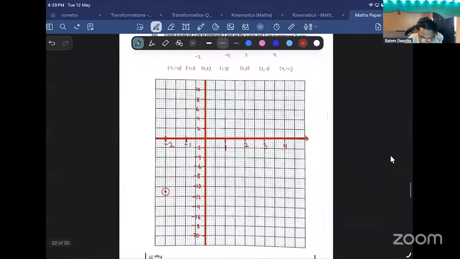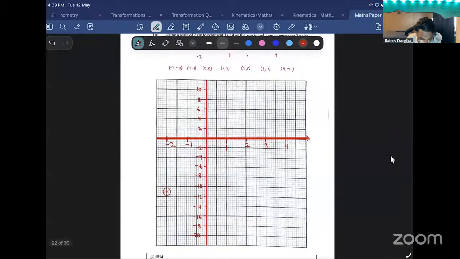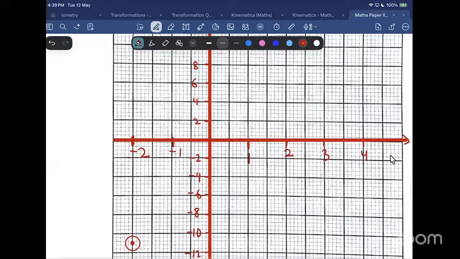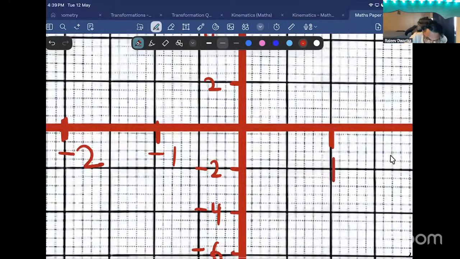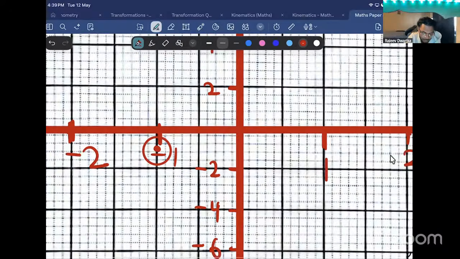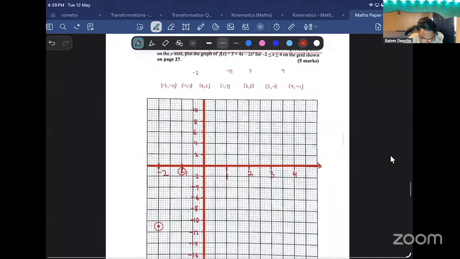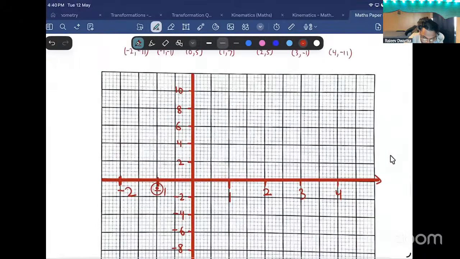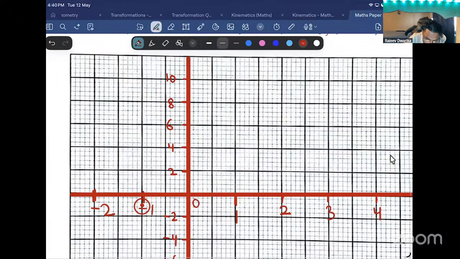What's the other point? (-1, -1). That'll be right here. And then we have (0, 5). (0, 5) would be right here.